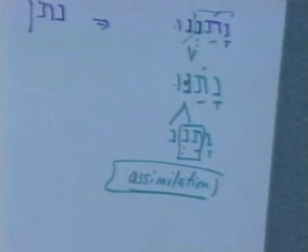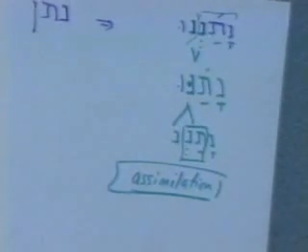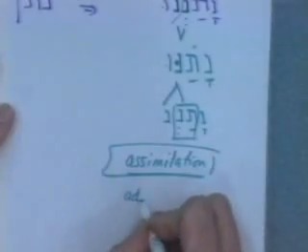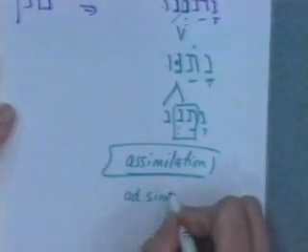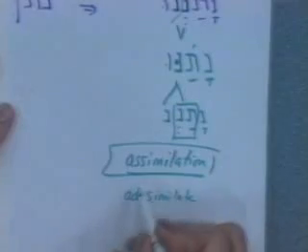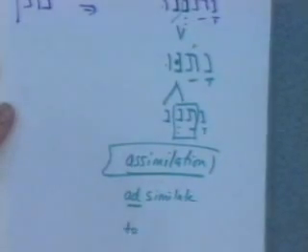I was looking for an English example of assimilation, and it dawned on me that this is it. You're way ahead of me, right? The etymology of the word assimilation is from the Latin ad similare, which means, ad, if you know Latin, is the preposition to.